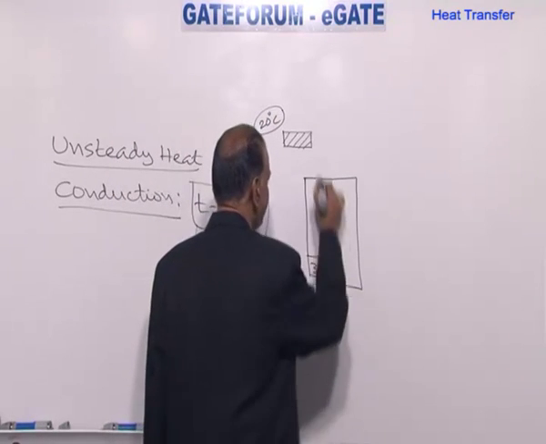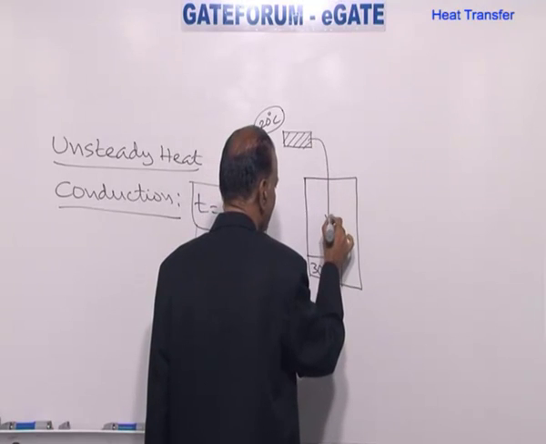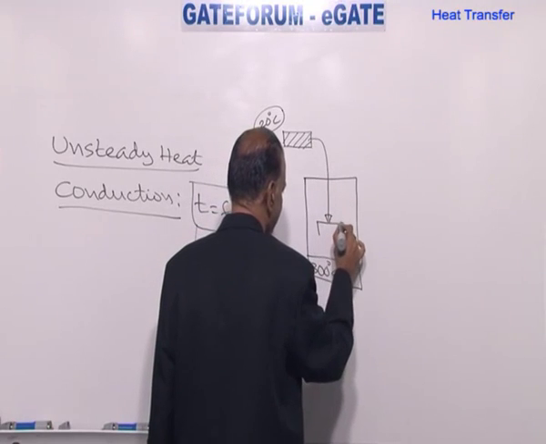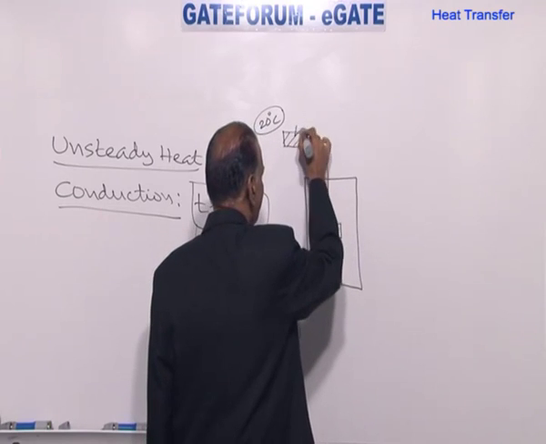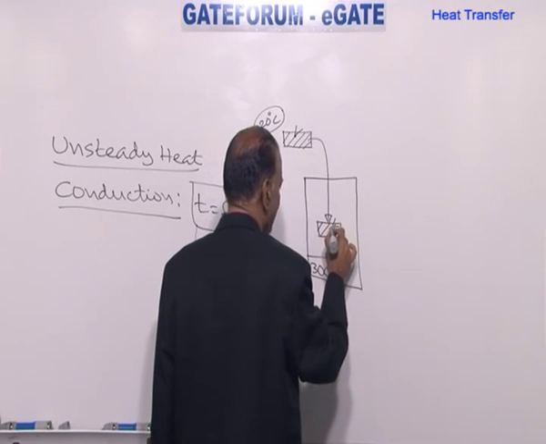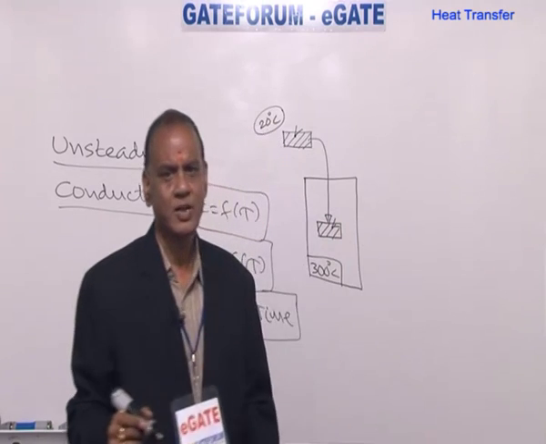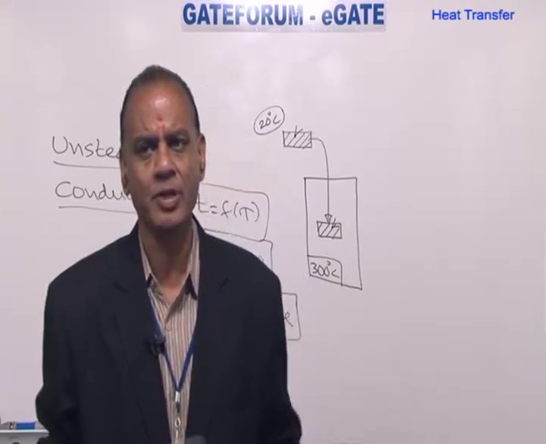Let us imagine that this metallic piece is inserted into the furnace. And we embed a thermocouple and we make a note of how the temperature of the metallic piece is varying with respect to time.